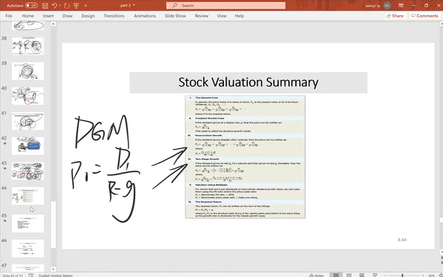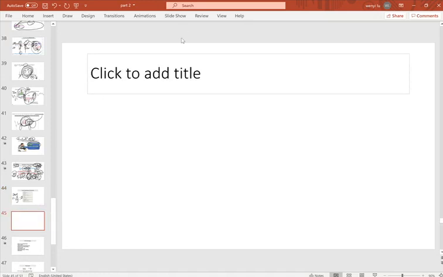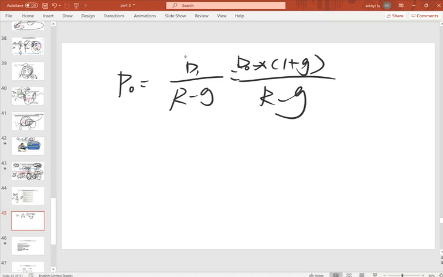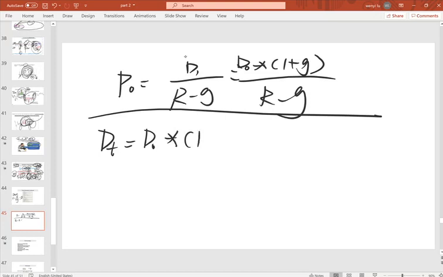So let's see some details. P0 is the price at time zero. D1 is the dividend in the next period, over R minus G. D1 equals D0 times 1 plus G. In these models, we have several assumptions. First, dividends follow a compounding pattern, so D0 times 1 plus G raised to the power t.